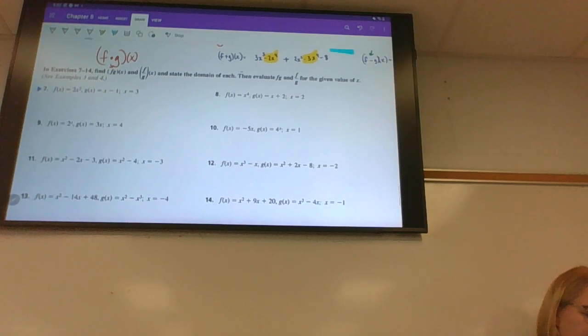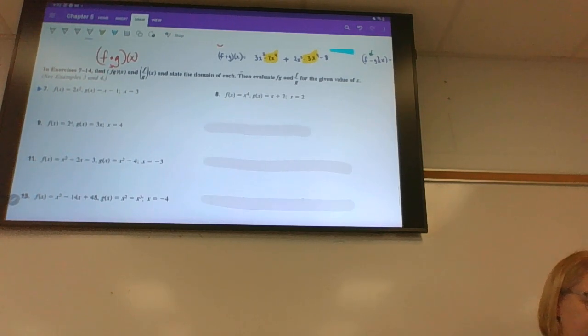And if you notice, these ones are actually a little bit shorter than the ones above. Okay, I'm going to do 8 right now. Hopefully you're on a separate piece of paper. First I'm going to do f times g of x. So I'll do x to the 4th times x plus 2. And I want to put a little tip here.